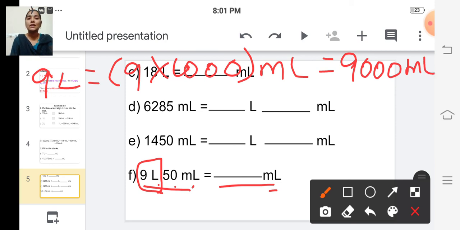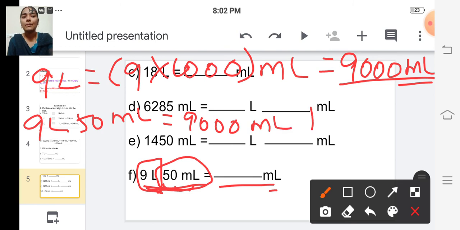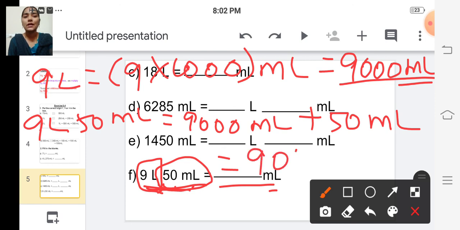So now we have to add this 9000 milliliter and 50 milliliter. So 9 liter and 50 milliliter is equal to 9000 milliliter plus 50 milliliter, which is equal to 9050 milliliter.